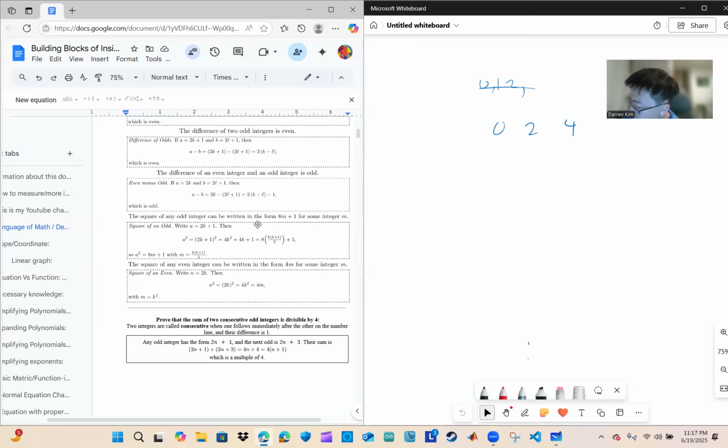So the last one, if you played around with it a little bit like this, and you played around with the odd numbers, three, five, and then you can see 0, 4, 16, and 36, and then you can play around with this, 9, 25, sorry.